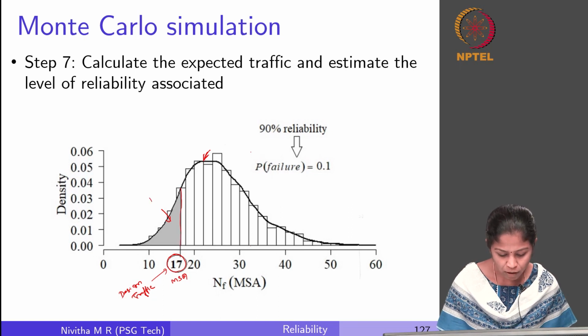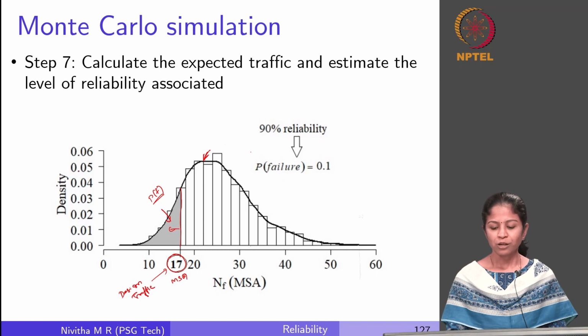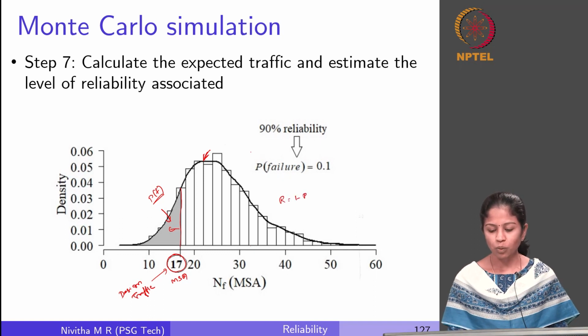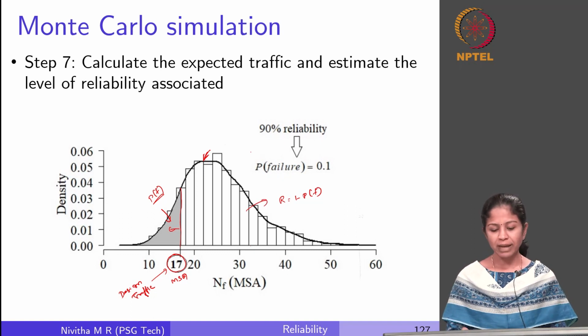Okay. So this is 17 MSA here. So this area on this curve to the left of it till this portion, this shaded area is the probability of failure. Okay. So reliability is nothing but 1 minus probability of failure, which is nothing but this unshaded portion. Okay. So my reliability is high in this case when my traffic is 17 MSA, right.